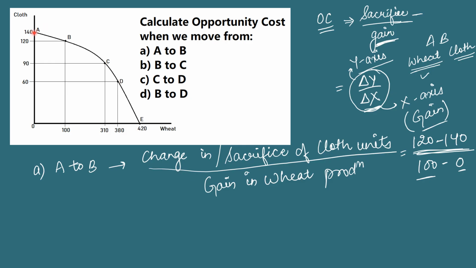Firstly we are at point A, so original is 140 and 0. New point is B. In B we have 100 units, so 100 minus 0, and new cloth production is 120 and original is 140, so we write 120 minus 140, change in Y upon change in X. After subtracting, we will get minus 20 by 100.